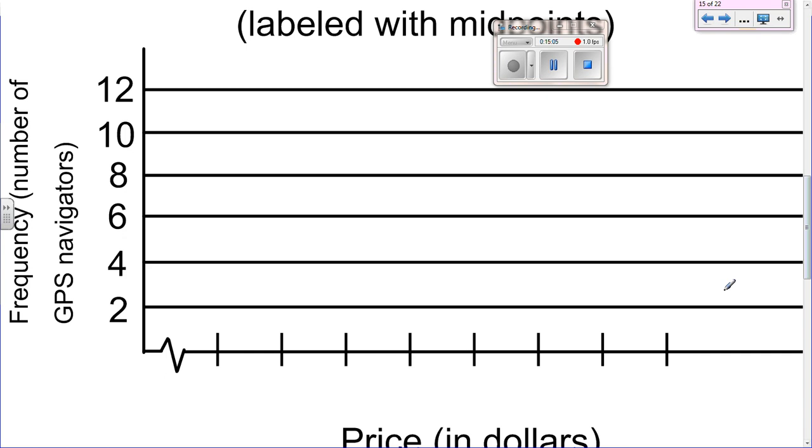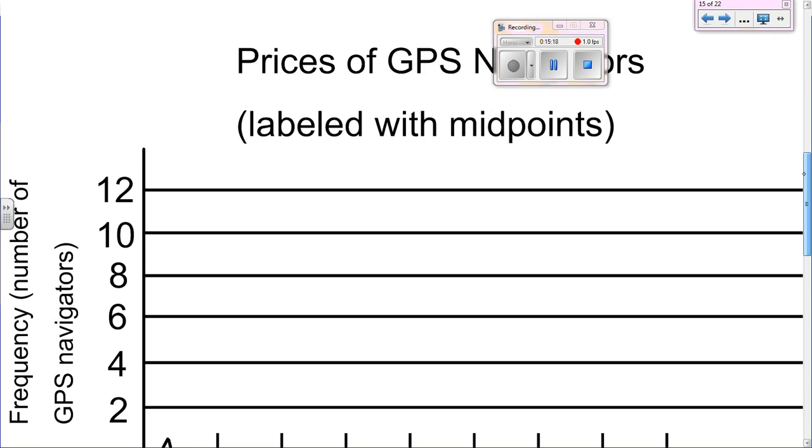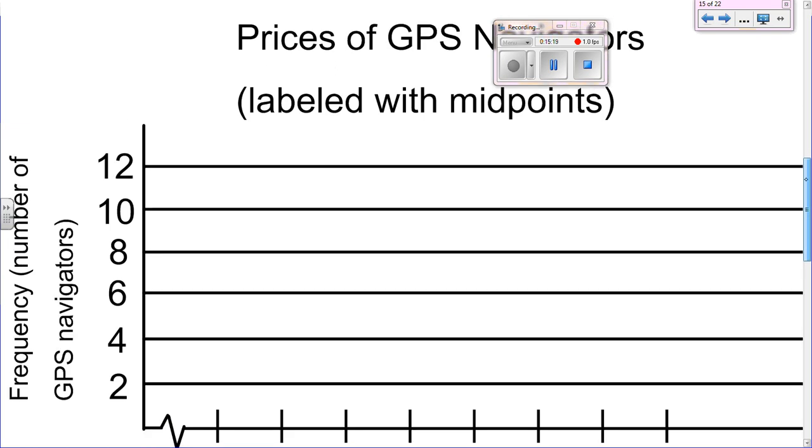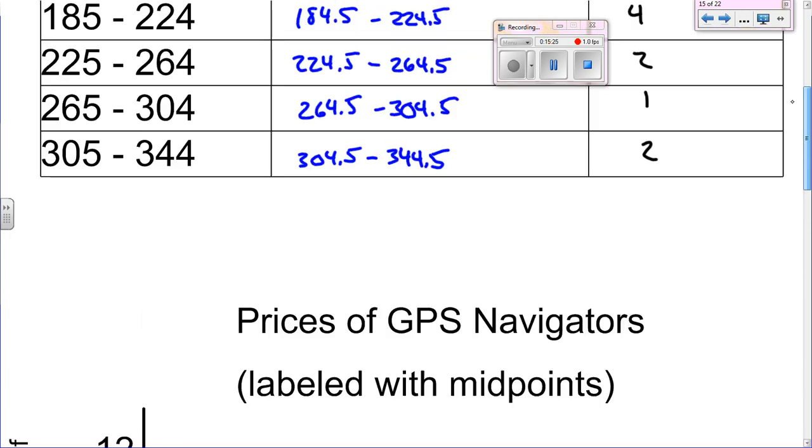Now we do our data points. As we look at this, we're going to do price in dollars across the bottom, and frequency, which is the number of GPS navigators. And then I'm going to label these with the midpoints that we had from the last table.